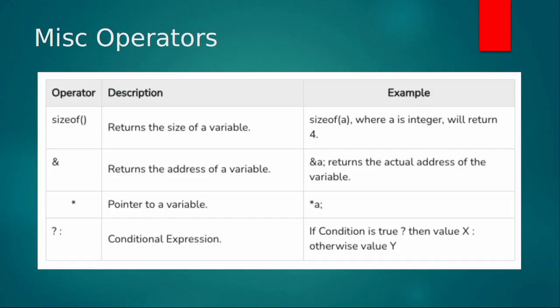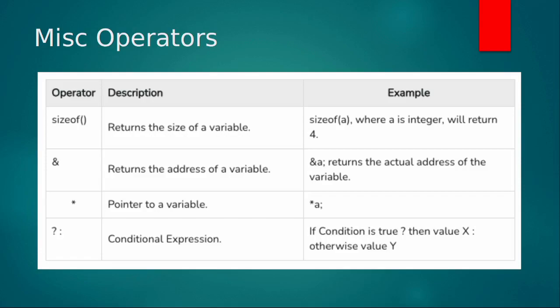All right, guys. So let's continue. We have actually discussed a little bit of these miscellaneous operators, right? We've seen the sizeof operator, which we use to check the size of different variables.